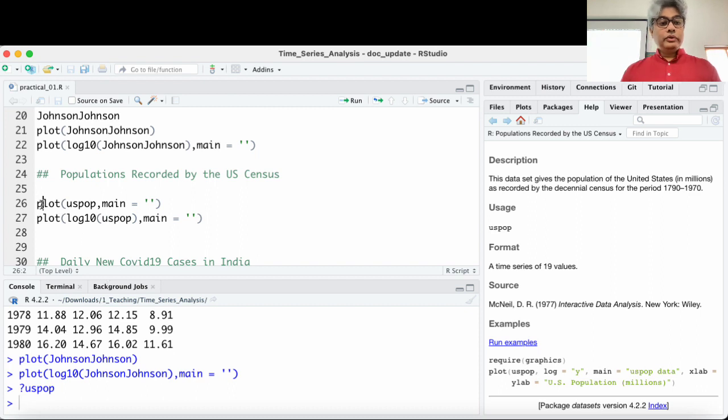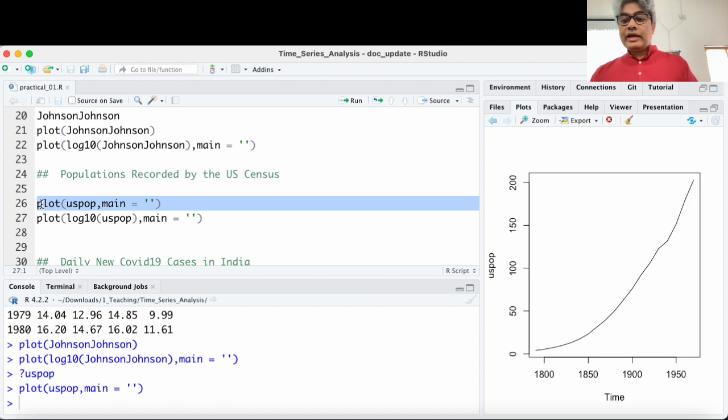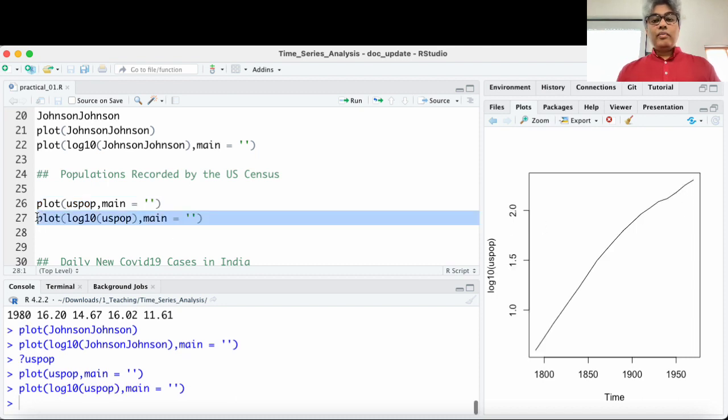We see that, as we said, it's going up, and when we plot this, we see a slightly increasing at a decreasing rate kind of situation, particularly after World War II.